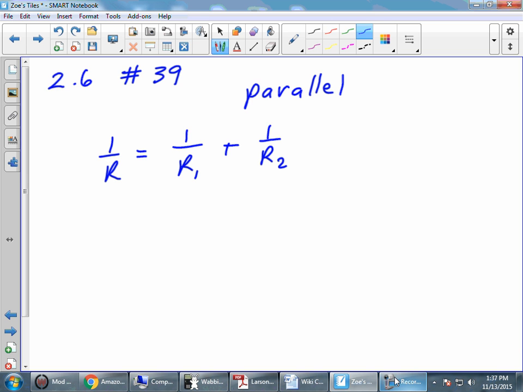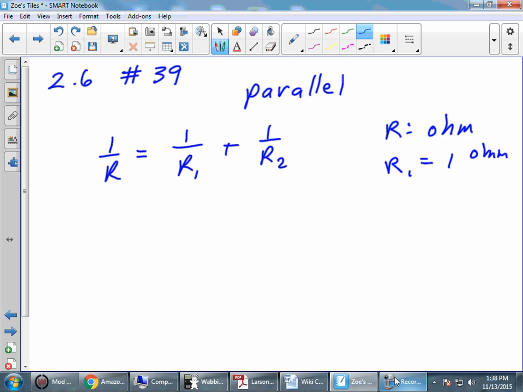And R is in ohms. R1 and R2 are increasing at rates 1.5 and R sub 1 equals 1 ohm per second.